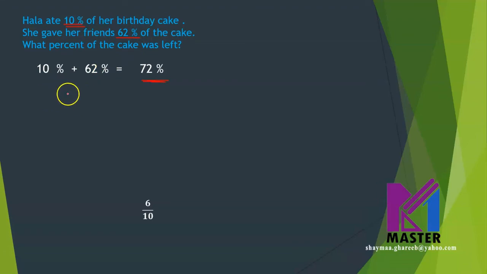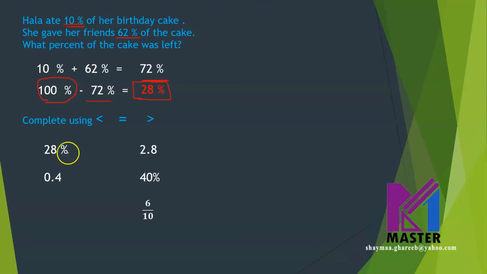So how much of the cake is left? I'm going to subtract the 72% from the whole cake, which is 100%. So the answer will be 28%. Okay, is this clear?